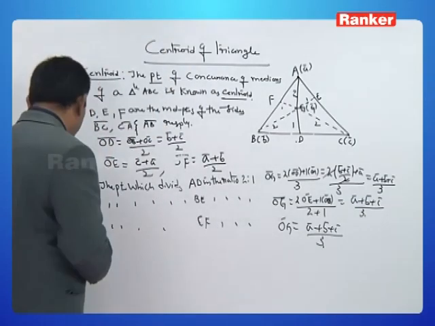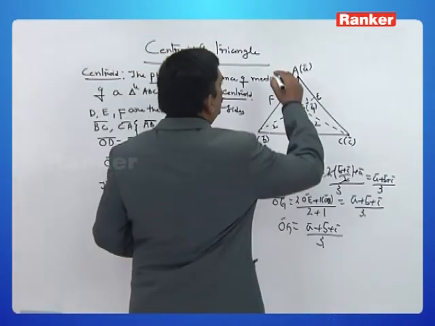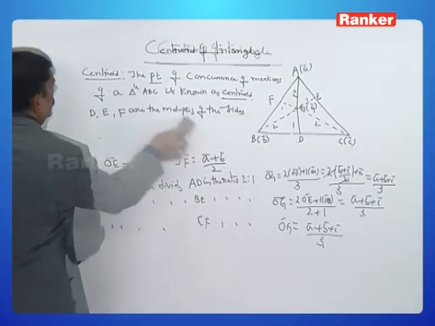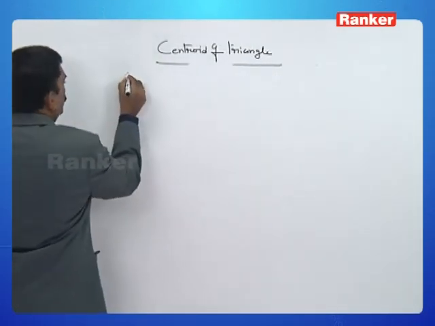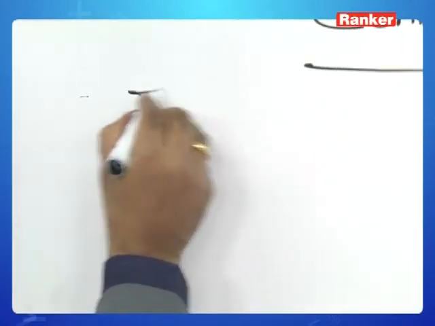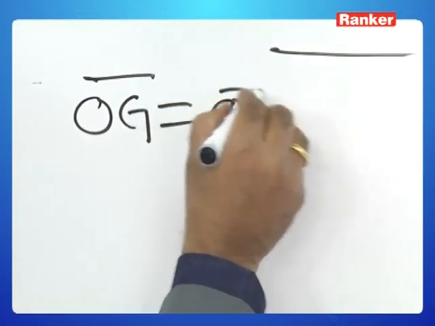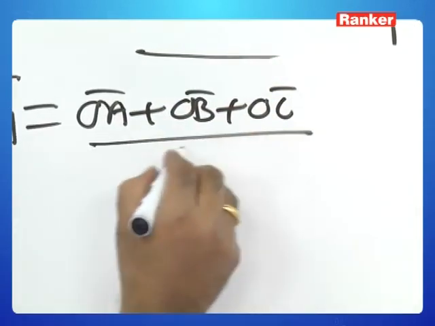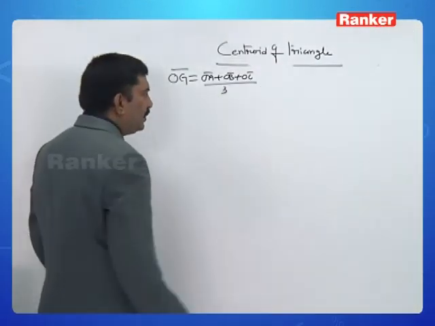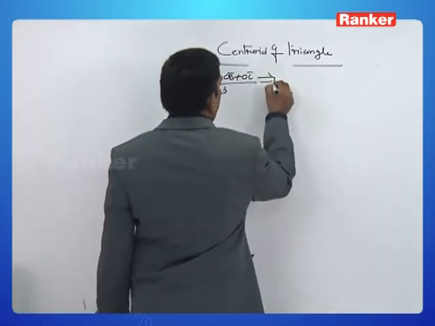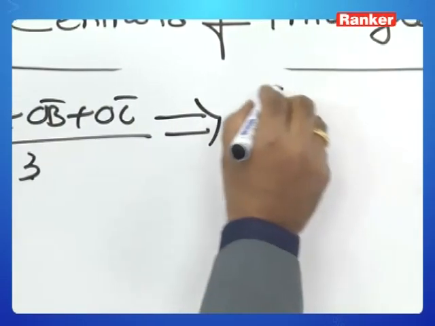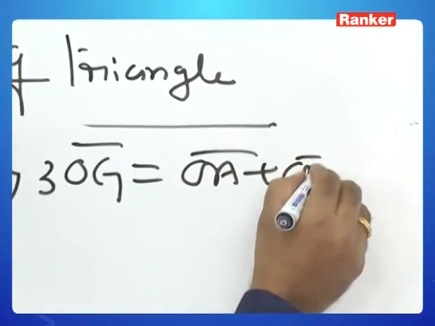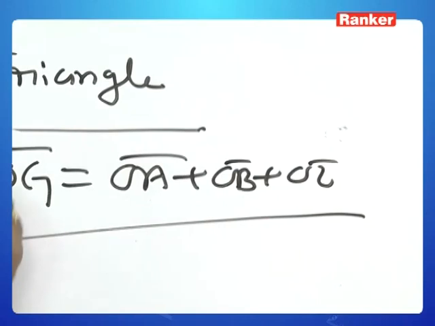So therefore, I can also write OZ bar is equal to OA bar plus OB bar plus OC bar by 3, which implies 3 into OZ bar is equal to OA bar plus OB bar plus OC bar.